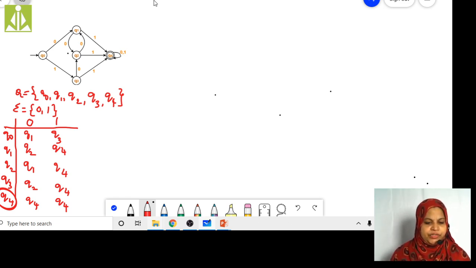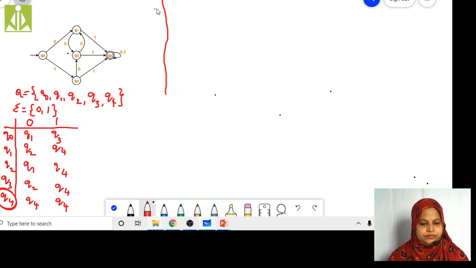Right? Now we have to perform this again. We have to write the transition table for this one, with columns 0 and 1 and rows Q0, Q1, Q2, Q3, Q4.